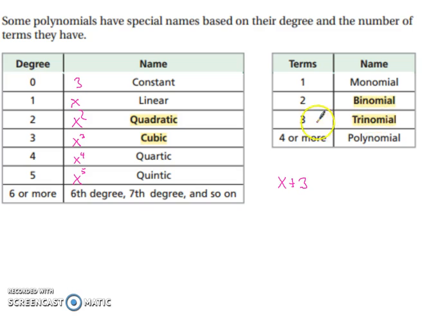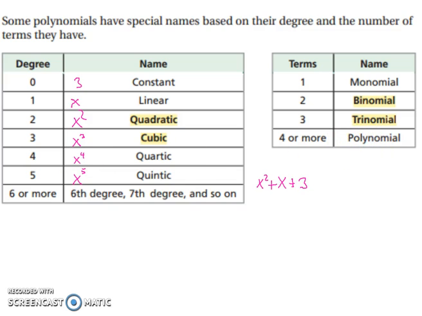A trinomial means you're going to have one more term in here. So maybe you have an x squared out in front. So there are 3 terms, so it's a trinomial. Once you get to 4 or more, you just say it's a polynomial.